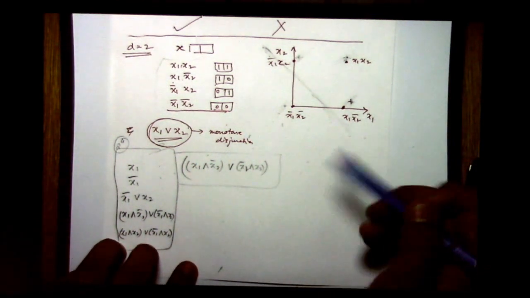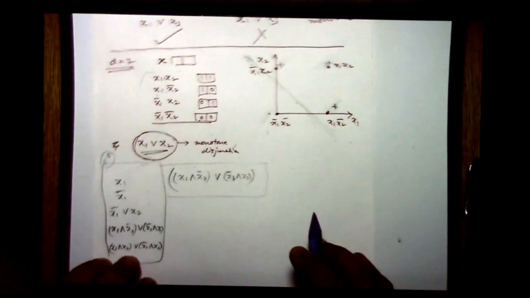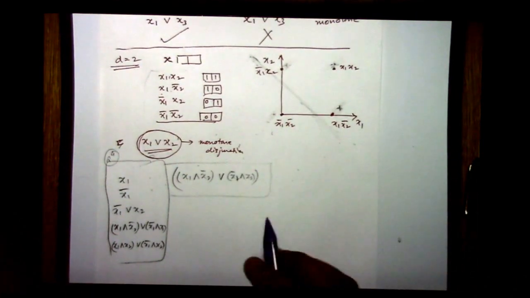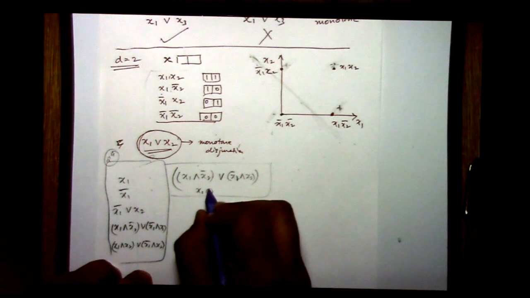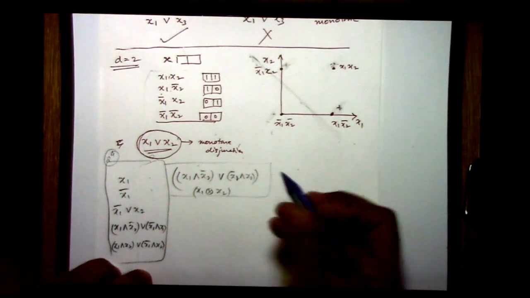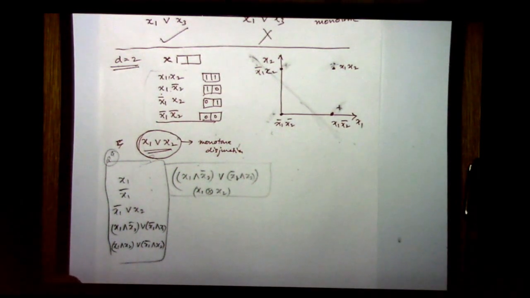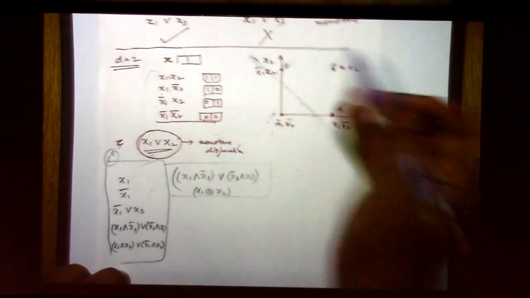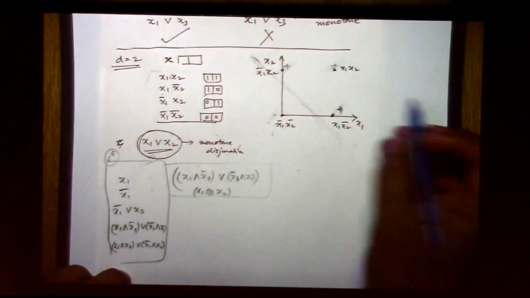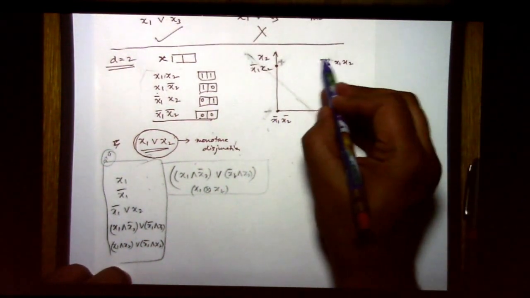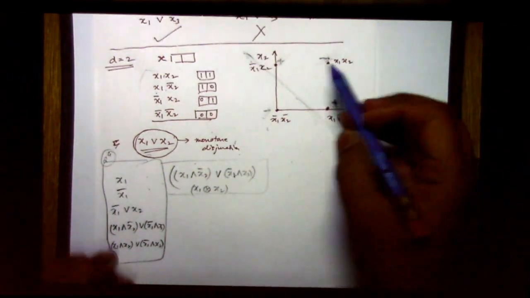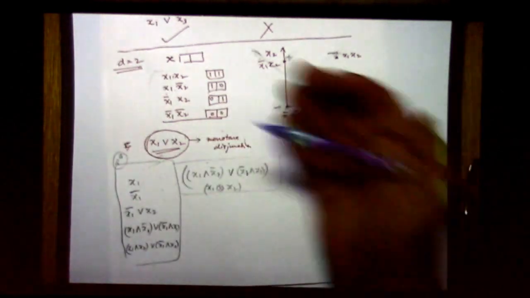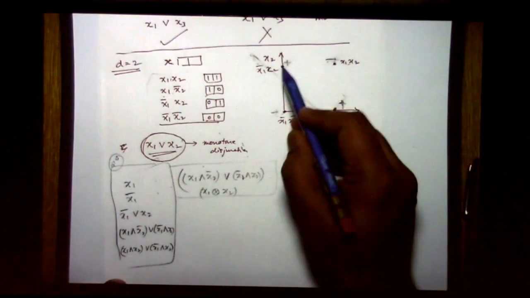Did I write it correctly? We also write it like this, right? XOR, which means it only calls something positive if only one of them is positive. So it will call this as positive and this as positive, and it will call these two as negative. I might have written it incorrectly, but that's the effect I want, which means these ones are positive, these ones negative.